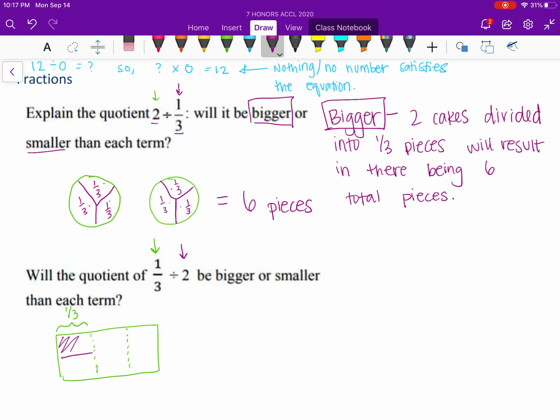So there's this piece and this piece. Well, how big is each piece? Each piece is only half of a third, which is 1/6. So in this case, it is smaller.